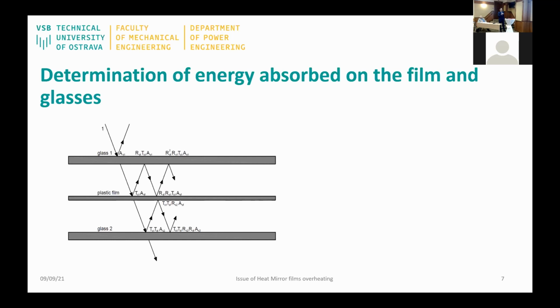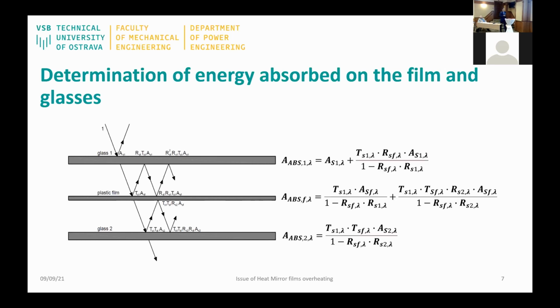This is the part of energy which was absorbed on the plastic film. And this is an infinite series, which can be rewritten into these relations. So this is absorbed energy at a given wavelength.